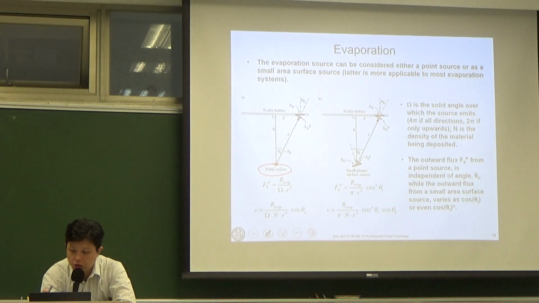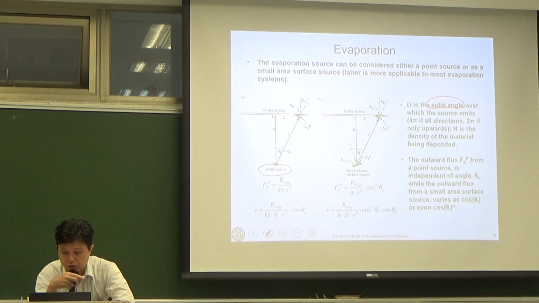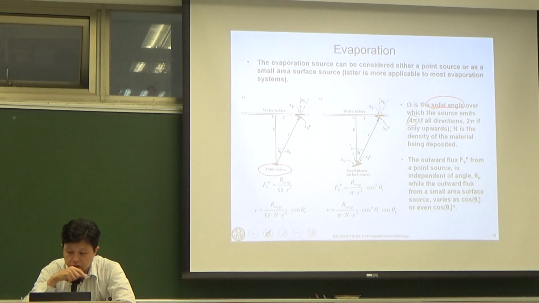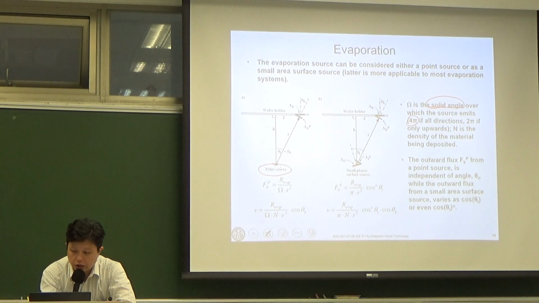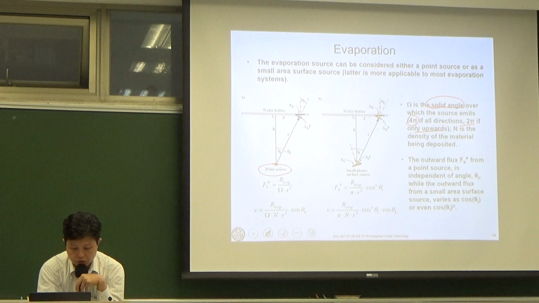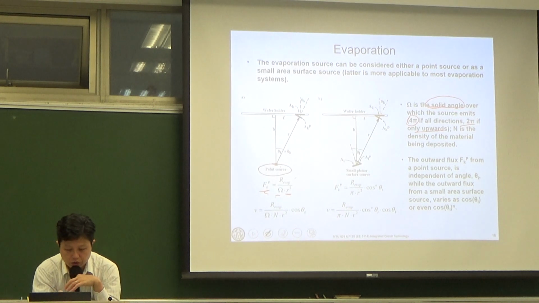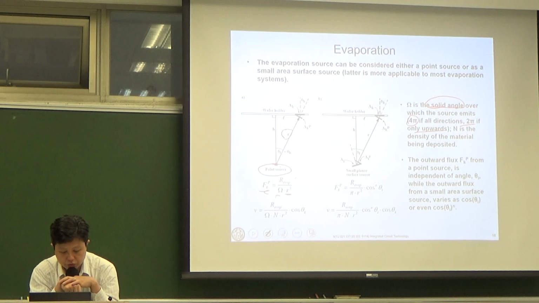So we use this omega, which is a solid angle, to explain this. 4 pi is all directions, but now we consider only upwards, 2 pi. So the total flux will be this rate divided by this angle and r squared, where r is the distance between your wafer and your point source.